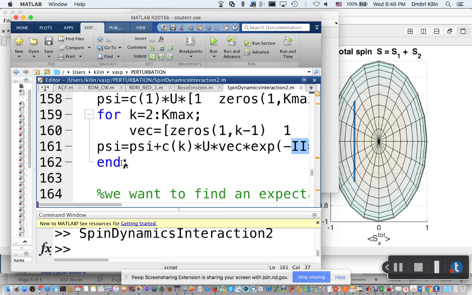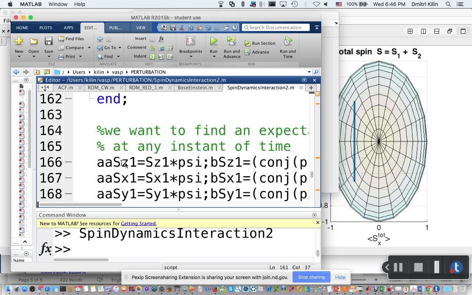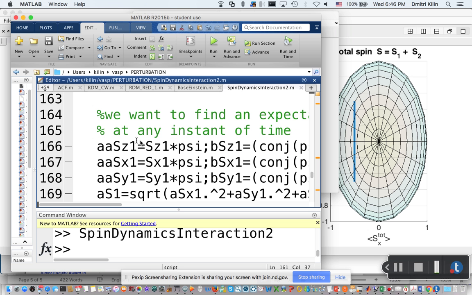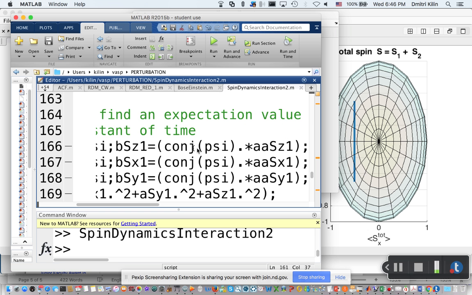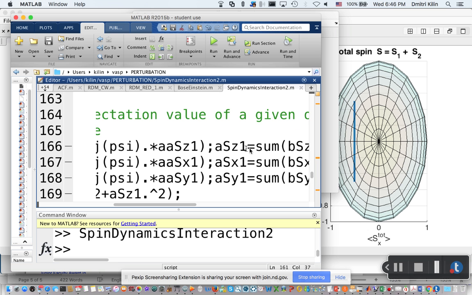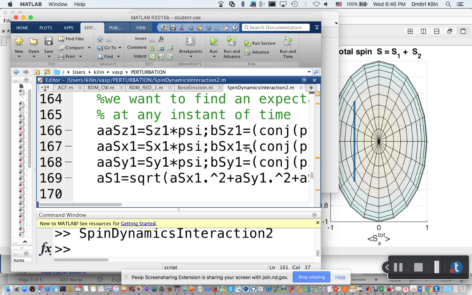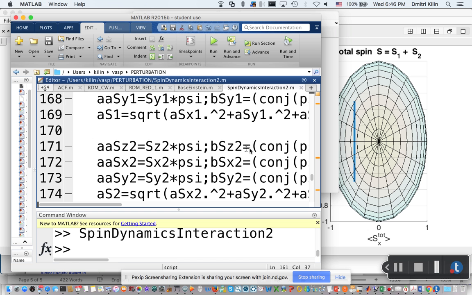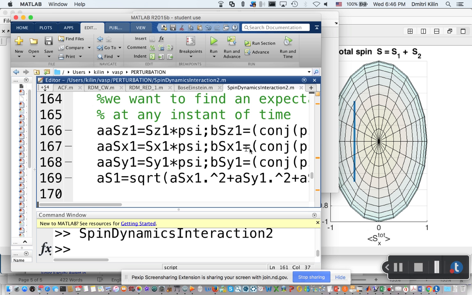So here is a numerically correct solution. You can build it for any Hamiltonian, but then what do we do with it? We need observables. And then we can set up the operator corresponding to the observable with bra and ket on the left and right, which is done here. Like projection of spin times ket, and then it is multiplied by bra from the left. In this way, we can get all three projections for spin 1 and spin 2.